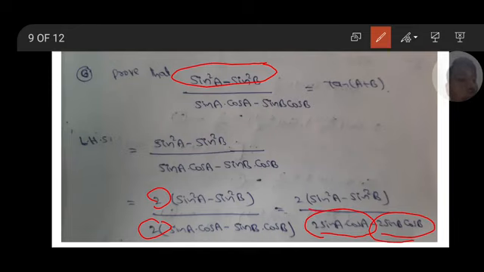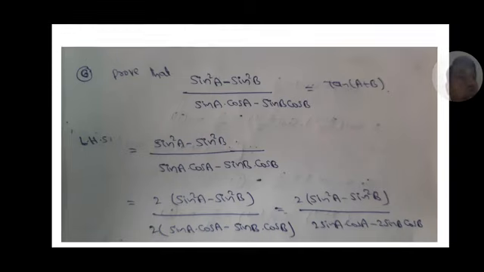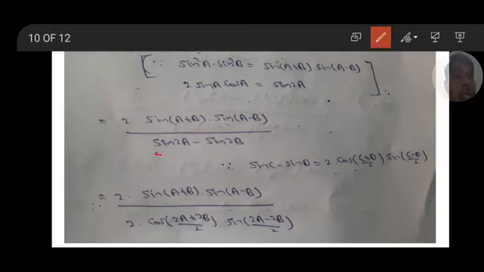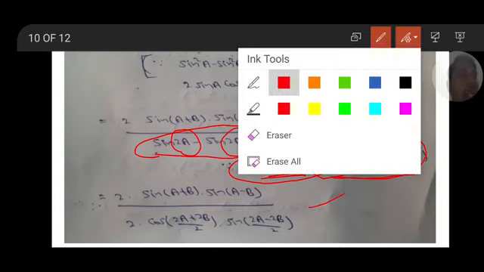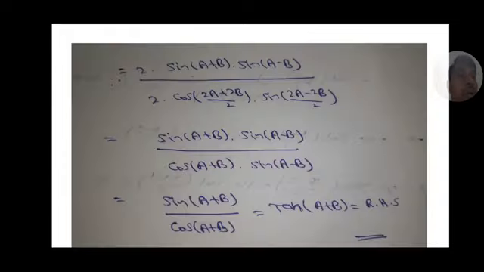After that, use the sin c minus sin d formula for sin 2a minus sin 2b, where c equals 2a and d equals 2b. It is 2 cos c plus d by 2 into sin c minus d by 2. Substitute in the formula and simplify, and you get the answer.